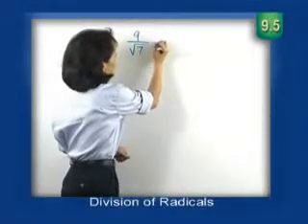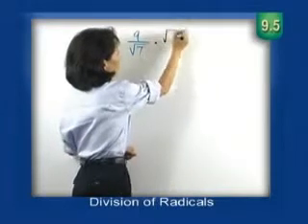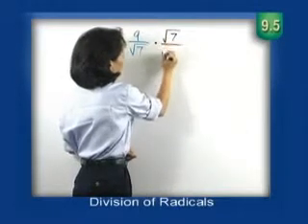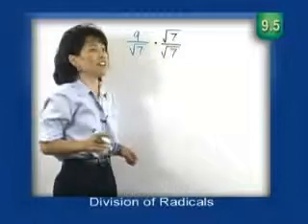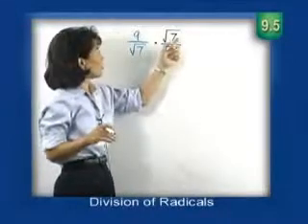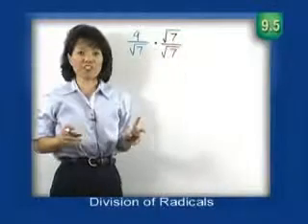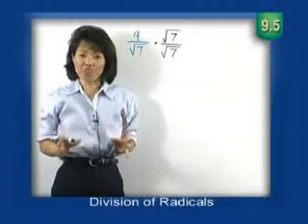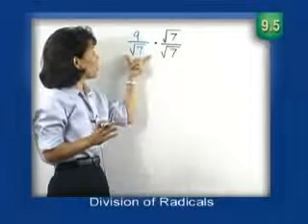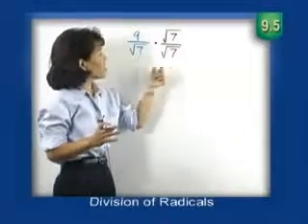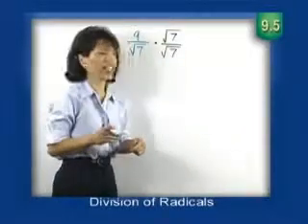So we're going to multiply by a fancy form of the number 1. In this particular case, we're going to choose to multiply by the square root of 7 over itself. Remember, that's equivalent to 1, so again, we're not changing the value of our original number, we're just going to change the form.